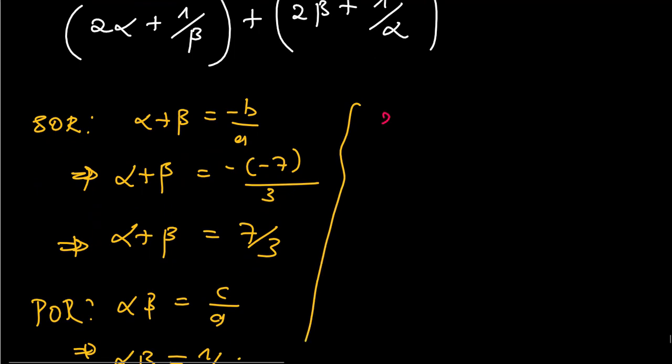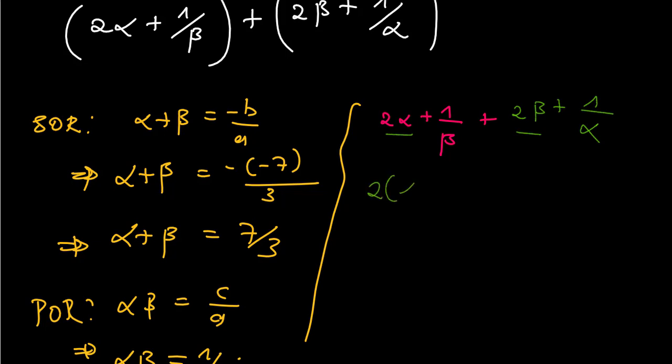So we have 2 alpha plus 1 on beta plus 2 beta plus 1 on alpha. Now we are going to group similar terms. 2 is common, so I can write 2 into alpha plus beta plus 1 on alpha plus 1 on beta.